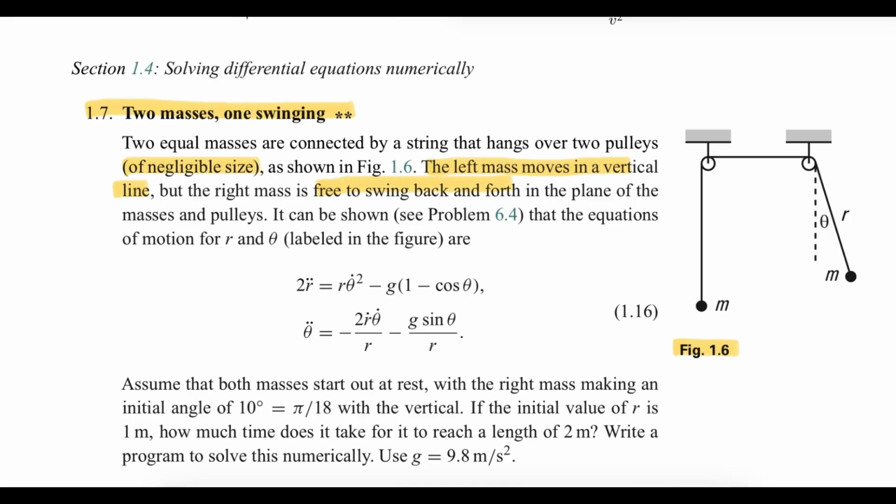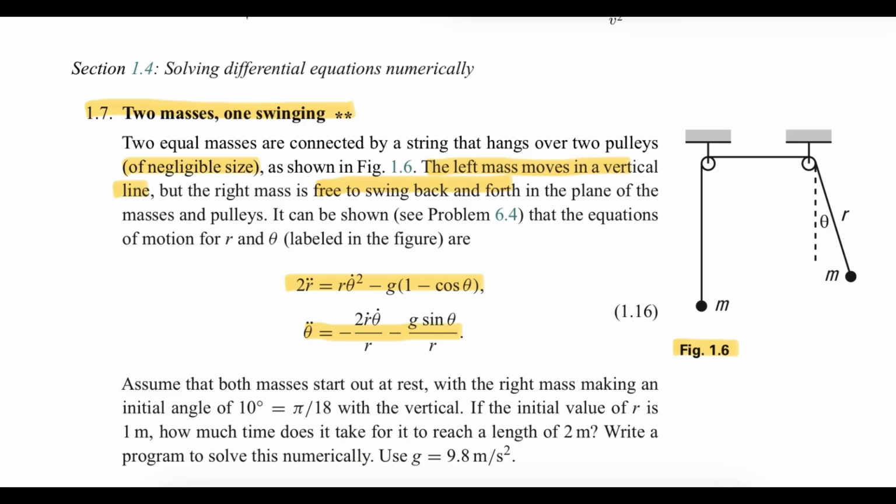It can be shown, see problem 6.4, that the equations of motion for r and theta labeled in the figure are 2r double prime equals r theta prime squared minus g times 1 minus cosine theta, and theta double prime is equal to negative 2 r prime theta prime over r minus g sine theta over r.